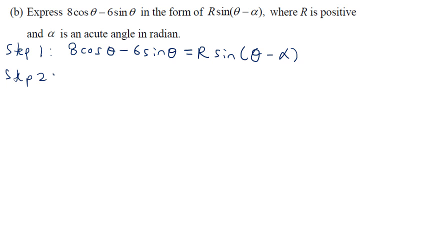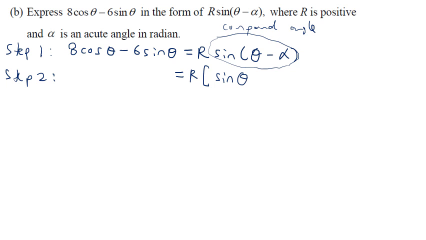Next, step number 2. On the right side here, we notice that this is a compound angle. So we expand using the compound angle formula. r in bracket, sin A minus B in this case. So we use sin A cos B, where A is theta and B is alpha.